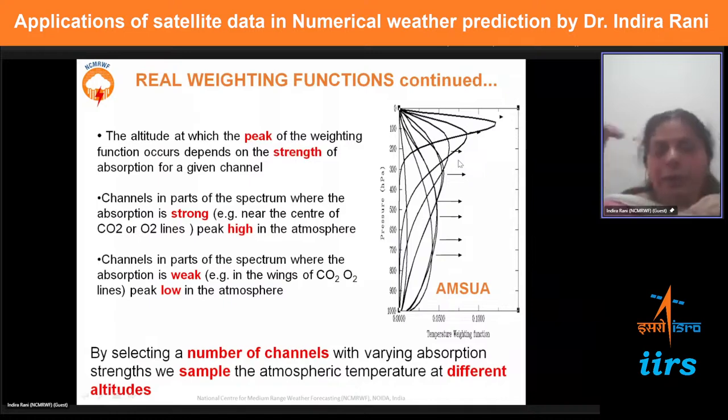When we get more information from different levels of the atmosphere, you can make the temperature profile, or if it is a humidity sensor, you can make the humidity profile also. By selecting a number of channels with varying absorption strengths, we can sample the atmospheric temperature at different altitudes. This is how we get the profiles from atmospheric sounding.